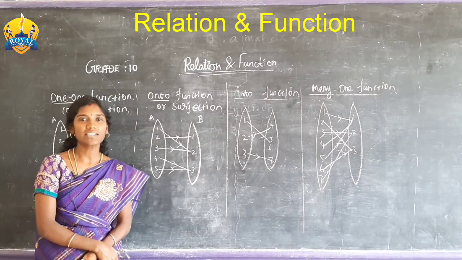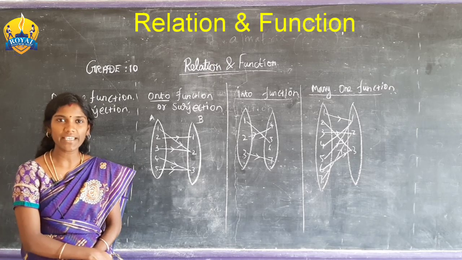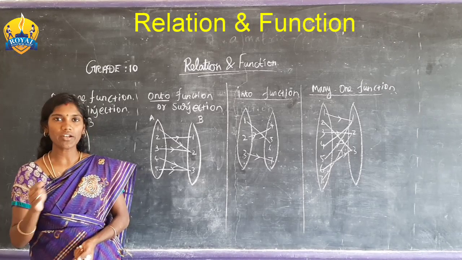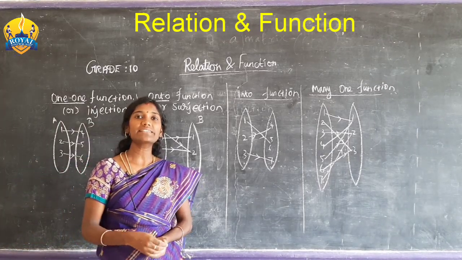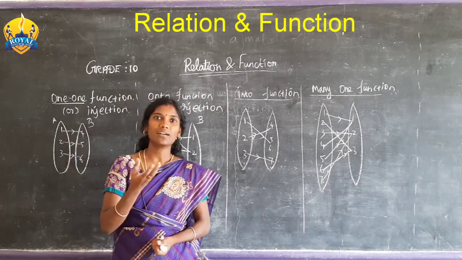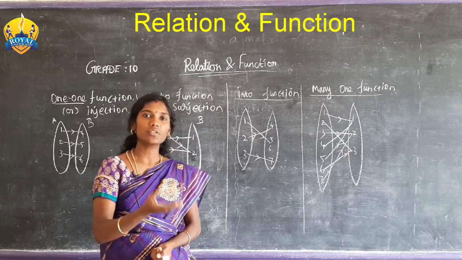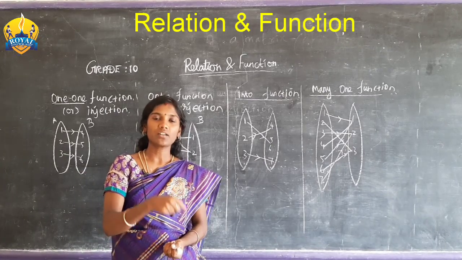Okay, last class we learned exercise 1.3, that is function. Function means two non-empty sets related by some particular condition. It is called function. Already I explained using some examples. If you go to the rice mill, you will get a full bucket of raw rice.